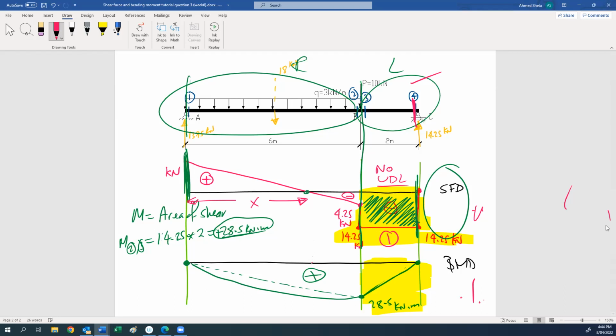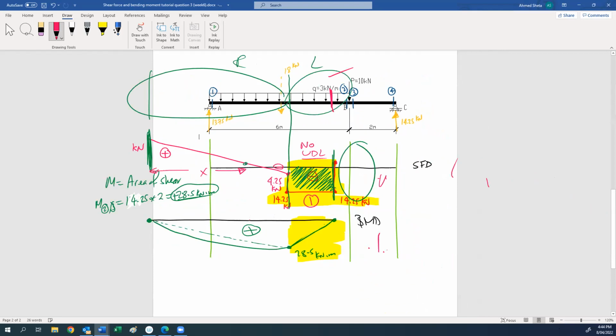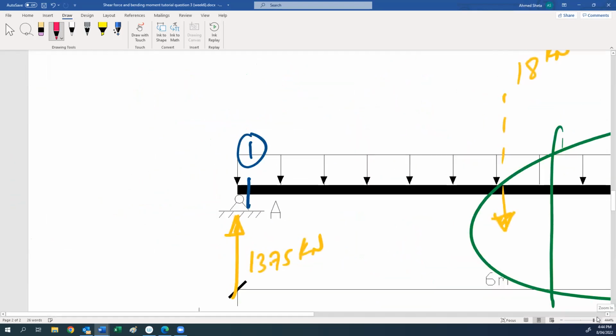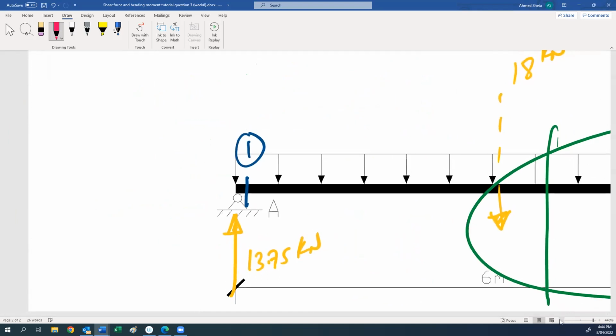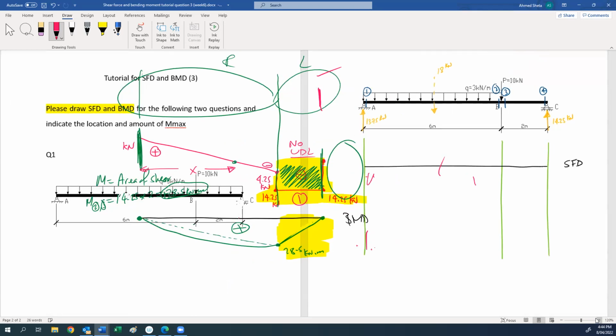Okay, now we go to the next step. The next step is to find the maximum value of moment. How can we find the maximum value of moment?